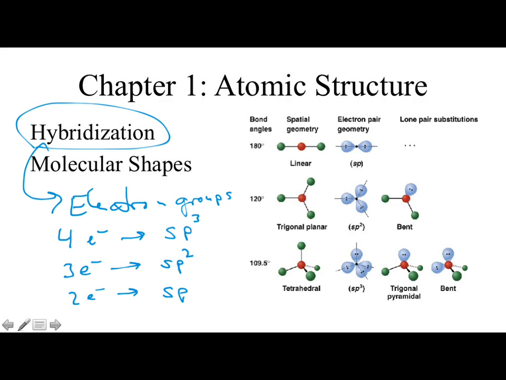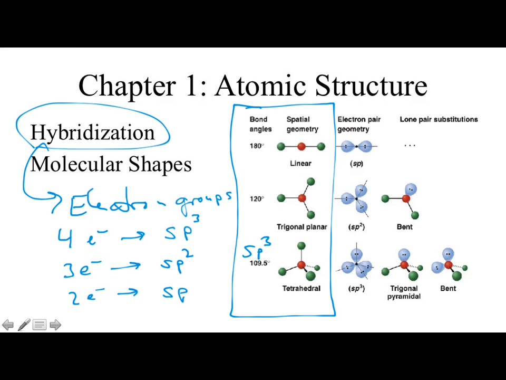When it comes to the three-dimensional structure, you are responsible for knowing pretty much this one section right here. Okay, so the bond angles and those shapes. A tetrahedral structure is one that has 4 electron groups, which would give us sp3 hybridization. Trigonal planar, 3 electron groups, we're looking at sp2 hybridization, and the linear gives us sp hybridization.